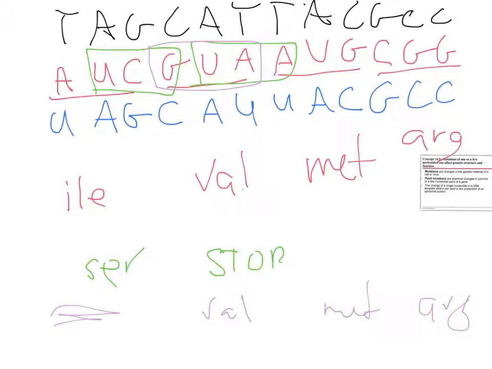So if the ribosome starts 1 over, that could cause problems. If it starts 2 over, that could cause problems. But if it starts 3 over, it might cause a problem depending upon where the start codon is, or it could just mean one amino acid is gone. All right? That might not be that bad.